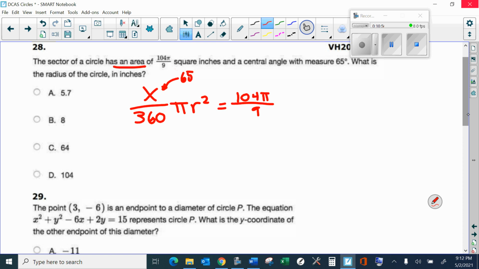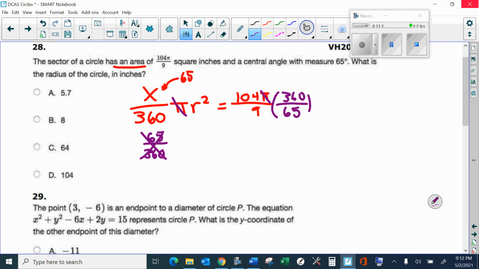What's the radius of the circle? So we now solve for r. Here we can say that pi cancels. We have 65 over 360, so you can multiply by the reciprocal, which would be 360 over 65. That will cancel this out from this side. So I have r squared equals that.